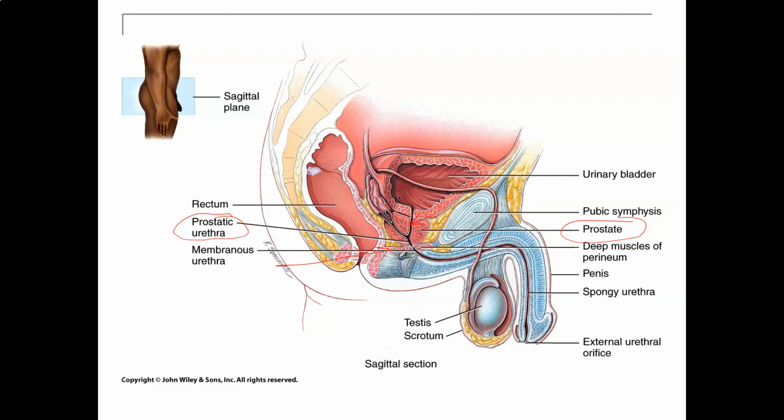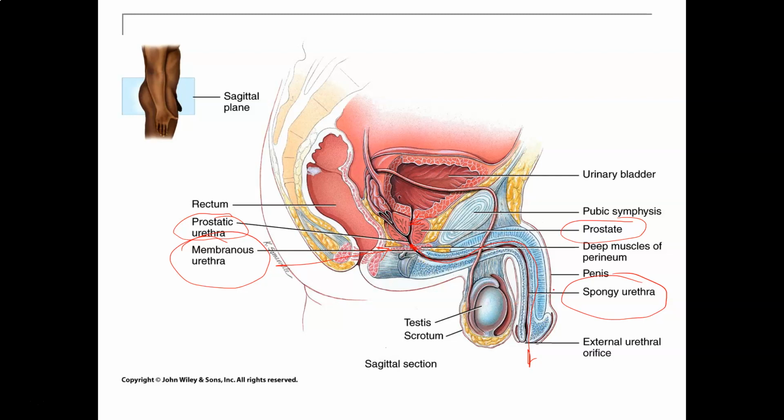And so that little bit of urethra right there that goes through that is called the membranous urethra. It's not very long. And then it enters the penis in the male, and the rest of it is called the spongy urethra or penile urethra. So you see it's much longer in males. You've got the prostatic, membranous, and the penile or spongy urethra.